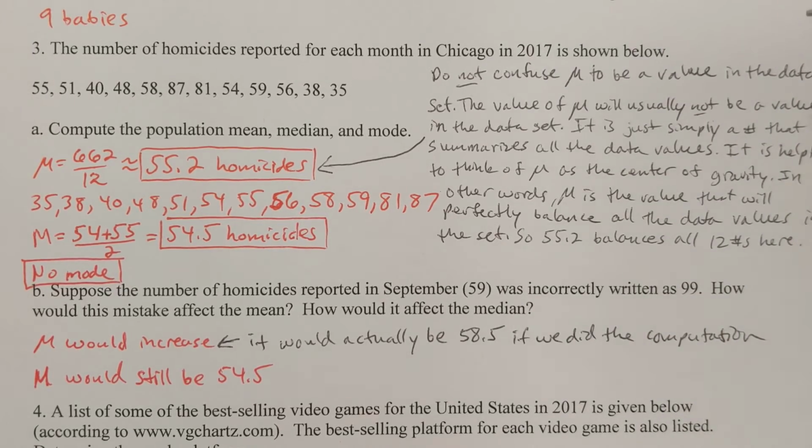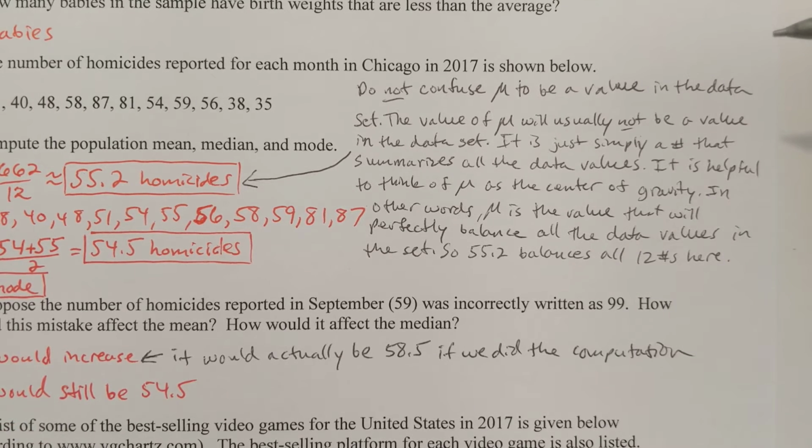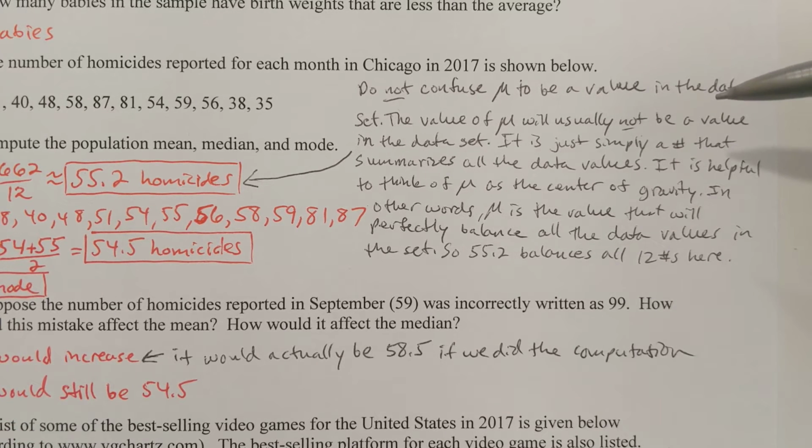I've got a couple of notes here. Don't confuse mu with being a value in the data set. Sometimes students do that. The value of mu will usually not be a value in the data set. It's simply a number that summarizes all the data values. It's helpful to think of mu as the center of gravity.